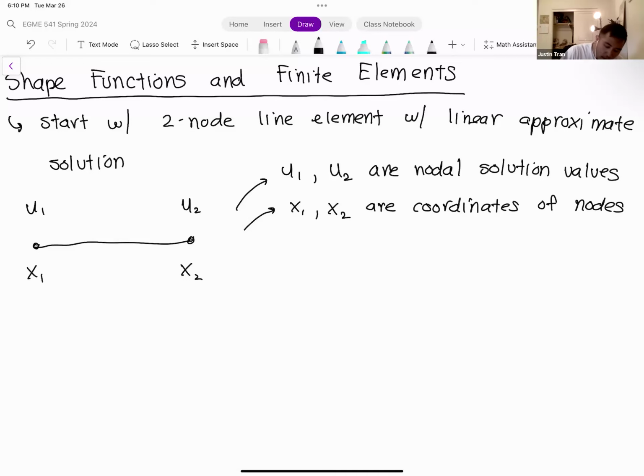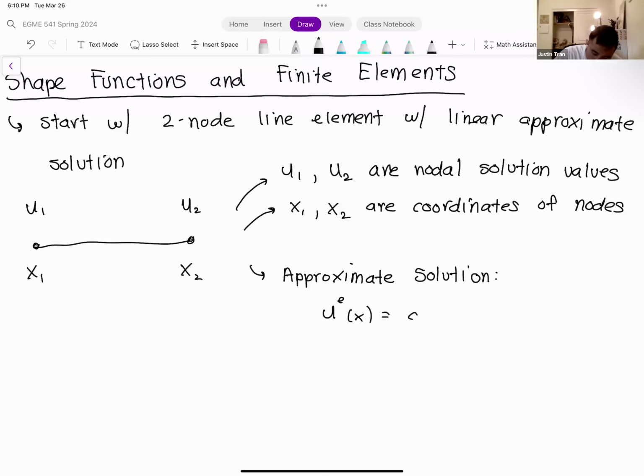And so our approximate solution, in this case, we'll call it u^e for the element, of x is equal to, and we have a linear function here, so that's just going to be two terms.